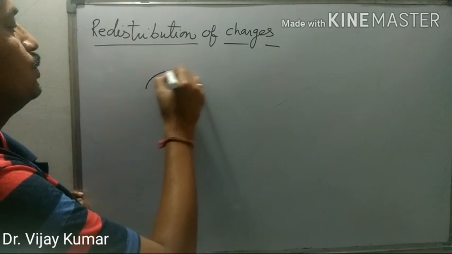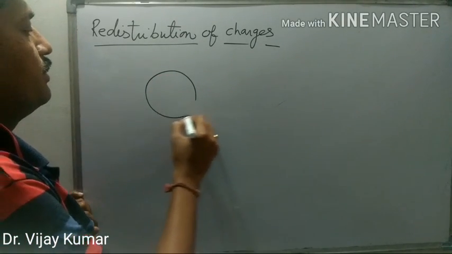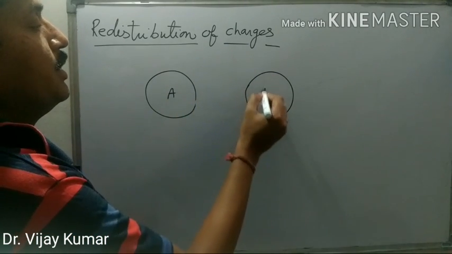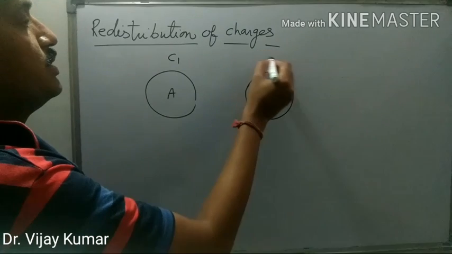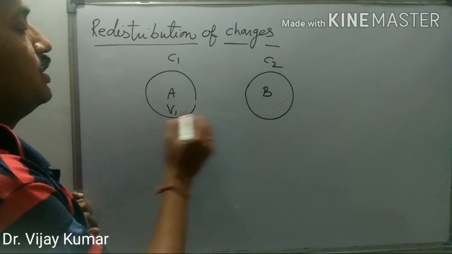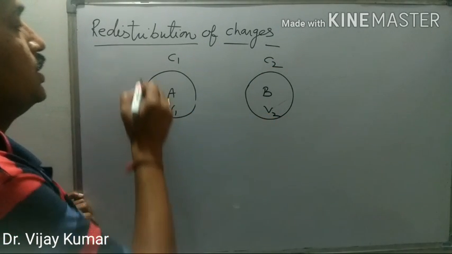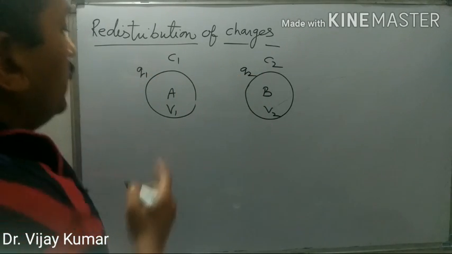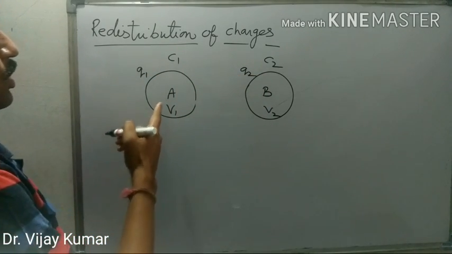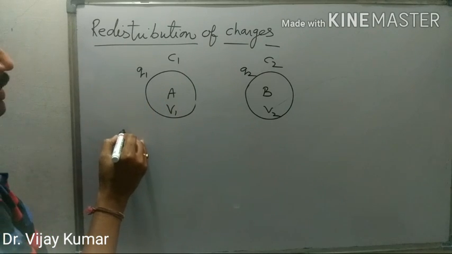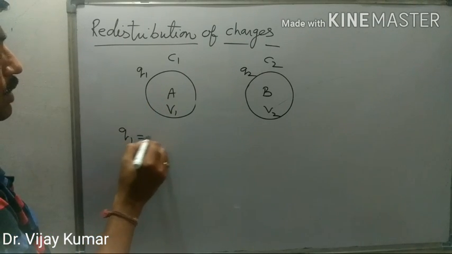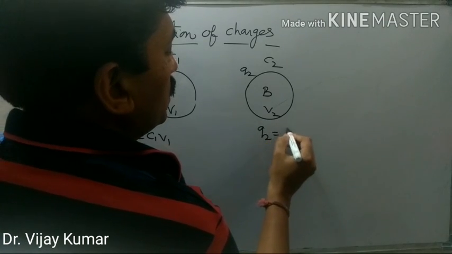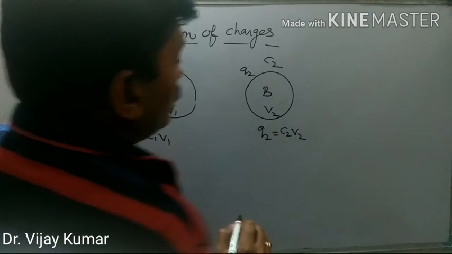Now the next topic is redistribution of charges. Suppose we have two insulated conductors A and B. Capacitances are C1, C2, potentials V1, V2, charges Q1, Q2, so Q1 equals C1V1, and Q2 equals C2V2.